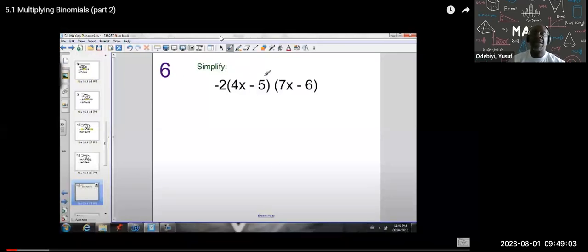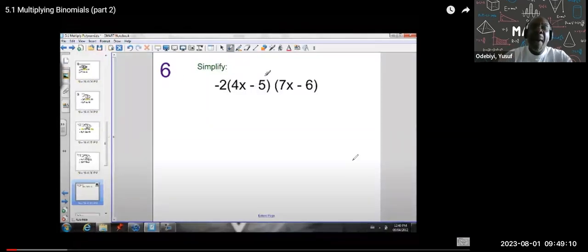If I have a bracket like this, it would be first times outer times inner times last. So if I do all that and I get an answer, I still have this -2 on the outside of the brackets.